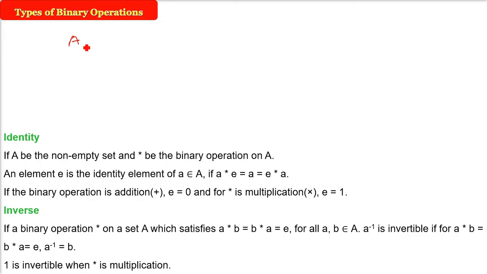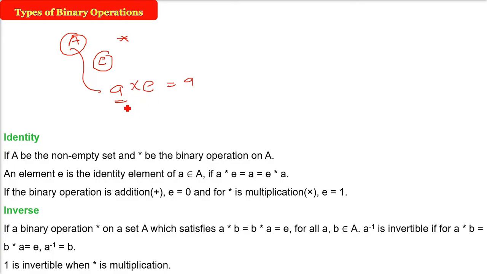So let us take, we are taking a set A, and star is our operation, right? Okay. So there will be some element, let us represent it by E. There will be an element E. And it will be called an identity element when we operate a with E, that is, you take any element from capital A, I am taking small a, and we are operating E on it.